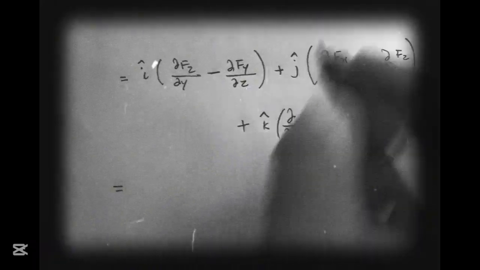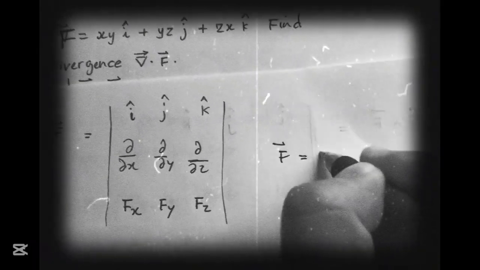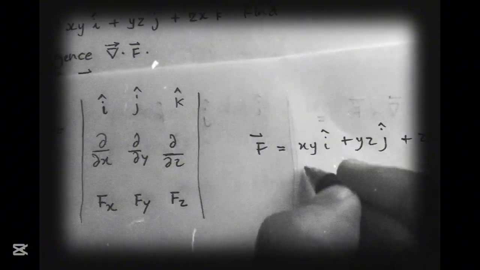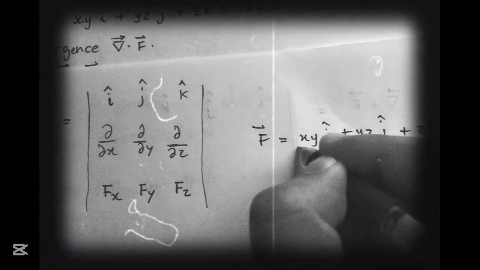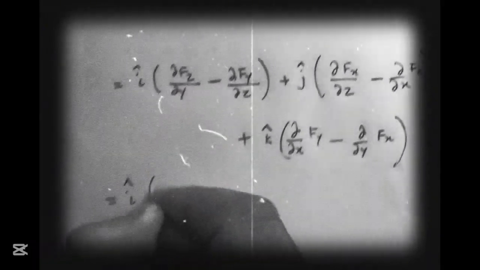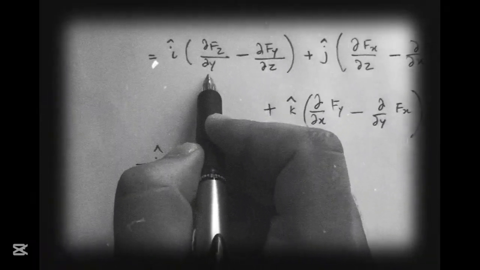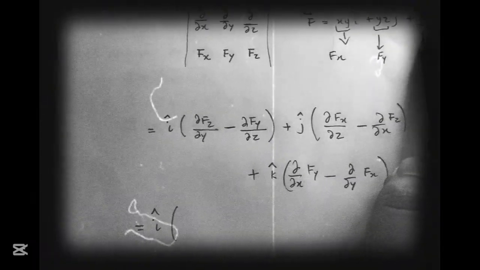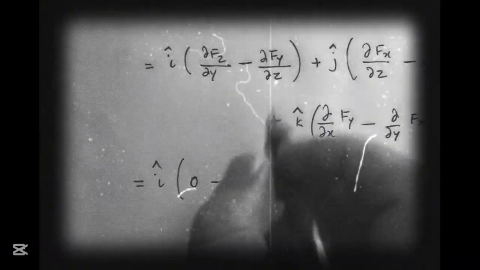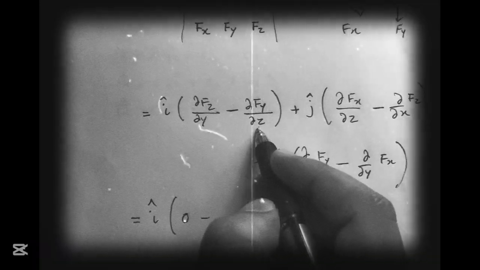Alright, so now the partial of fz with respect to y. We have this vector function xy i plus yz j plus zx k. So this is my fx, this is my fy, and this is my fz. Going over here, dfz by dy, where is our fz? It's over here, this quantity is actually 0, minus dfy over dz.